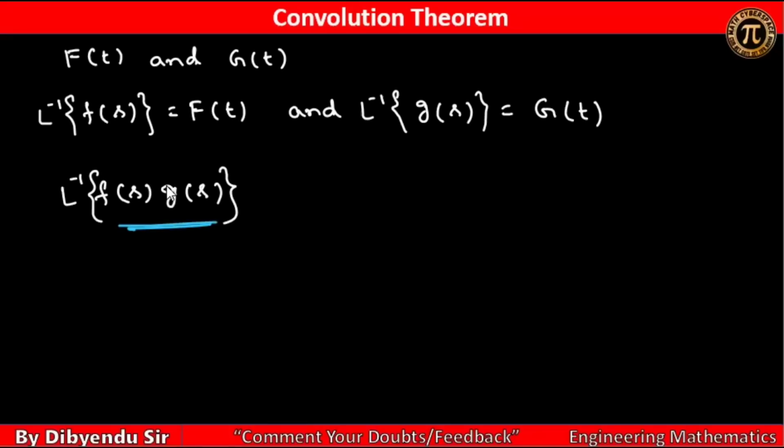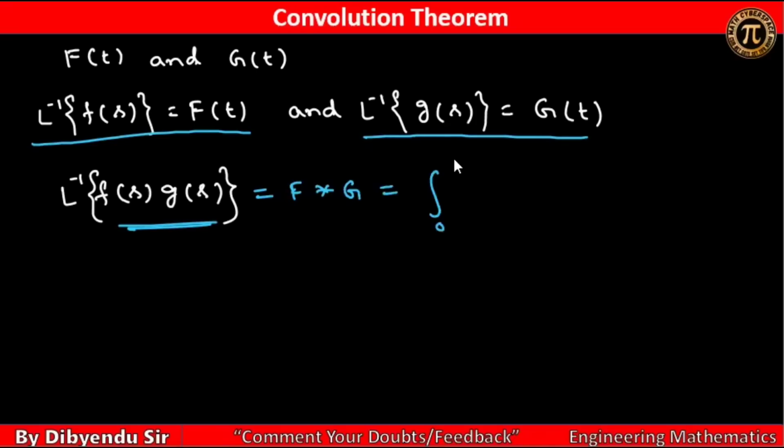First you have to calculate the Laplace inverse of f(s), then the Laplace inverse of g(s), and then obviously you will get f(t) and g(t). Now apply convolution between f(t) and g(t), that means f star g. And you know what f star g is: integration 0 to t of f(u) g(t minus u) du.